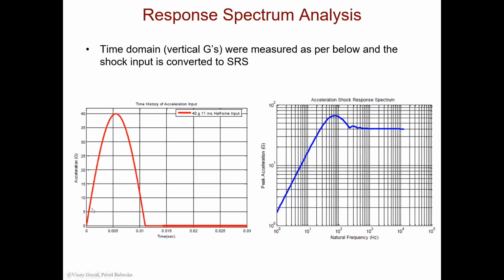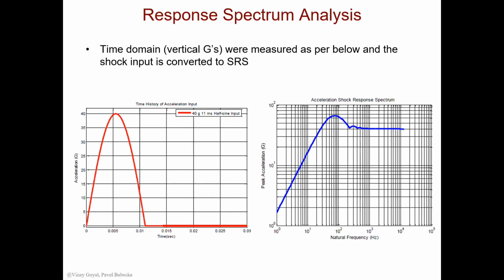Maybe the pulse event was measured to be a half sine pulse, like you see here. Very short duration, as you can see. The G loads went to 40 Gs, and it drops to 0.01. So this is a very high frequency input.